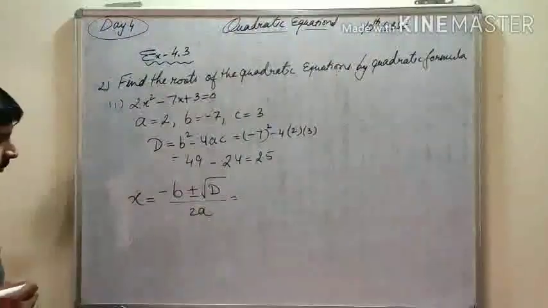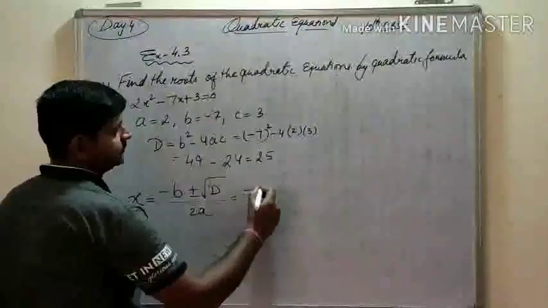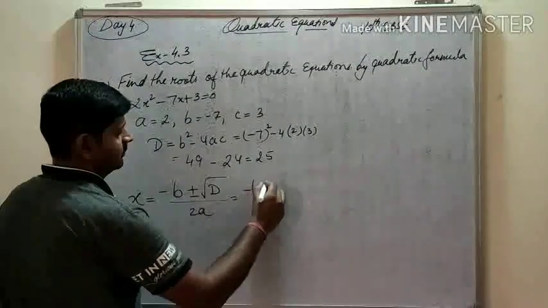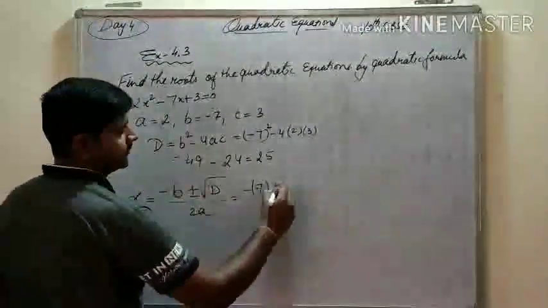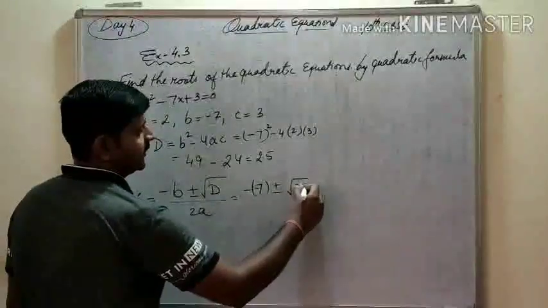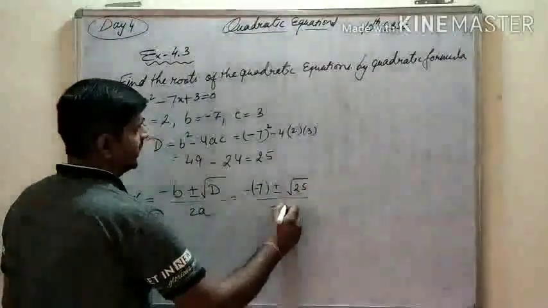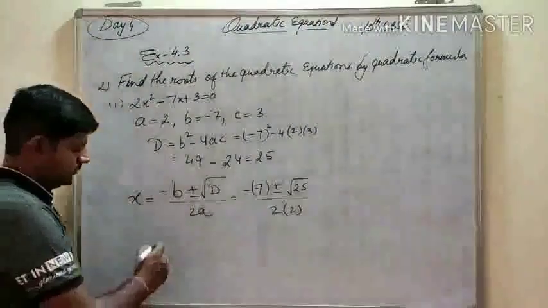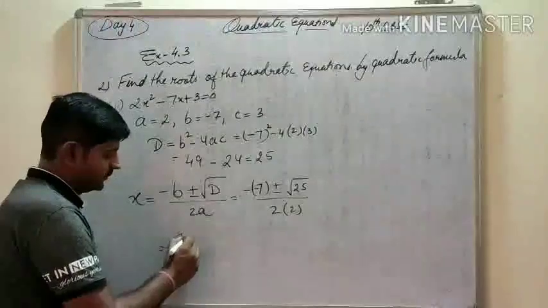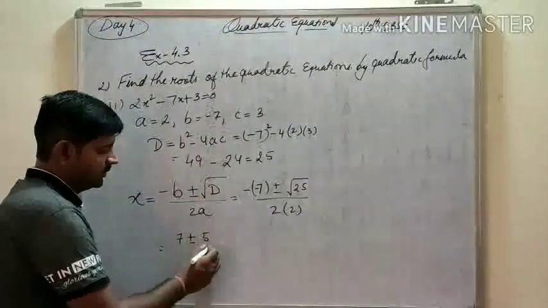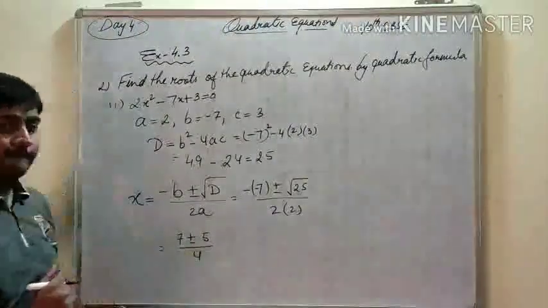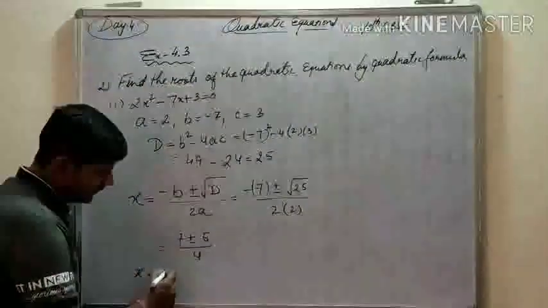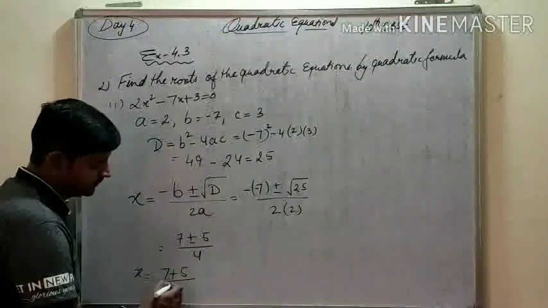Let's put the values. b is -7, plus minus the square root of d, which is 25, upon 2a, and a is 2. If we solve, we get 7 plus minus 5 upon 4. For x, first of all we take positive 5.